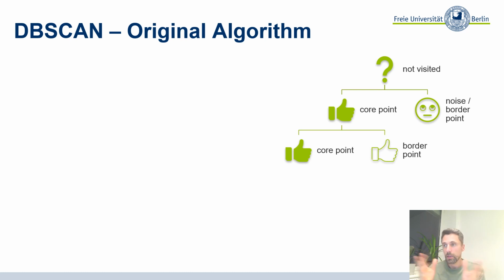But there's a little more complex and, I think, a better, nicer algorithm for you. And the idea is also not very hard to understand. We only look at points that haven't been visited yet. So we run through all the points in the dataset and look at those that we haven't yet visited and classify them to be either a core point or not. Not means they could either be a noise point or a border point.